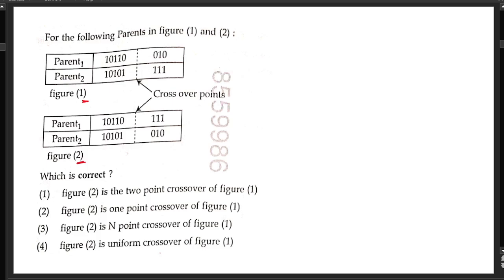So understand the crossover types first. First type is 1-point crossover. I will make you write this because these are very, very important points.